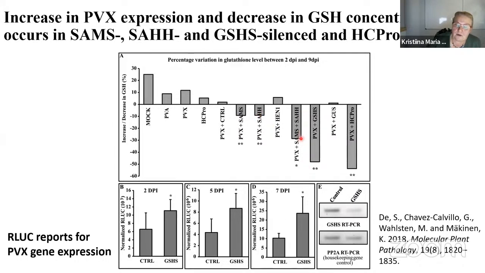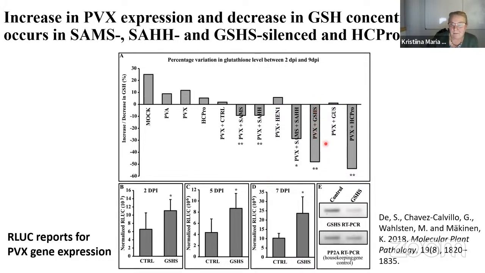Especially if both synthetase and hydrolase are silenced and there is PVX infection, we have a large reduction in the reduced form of glutathione, and definitely if glutathione synthetase is silenced at the same time.